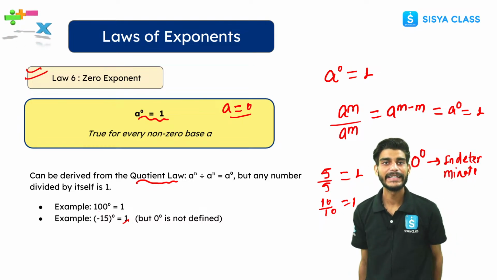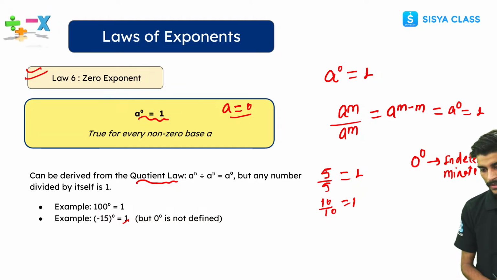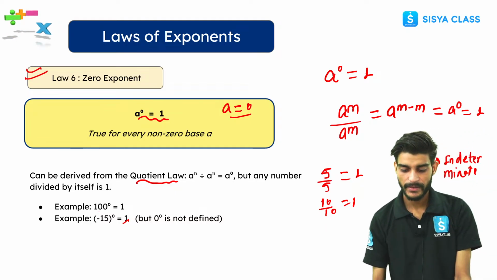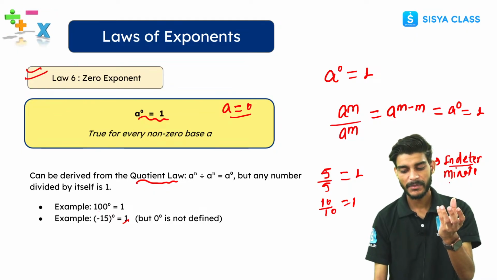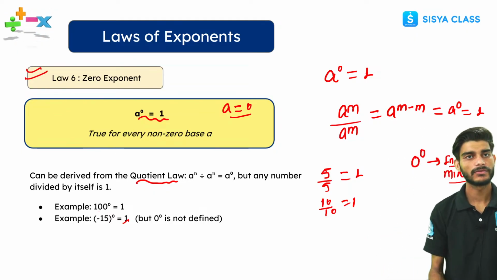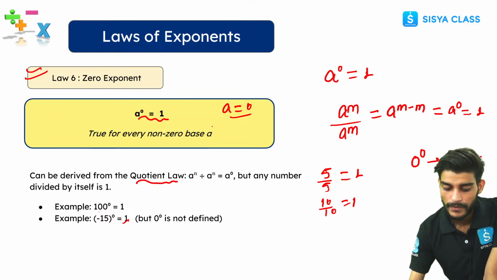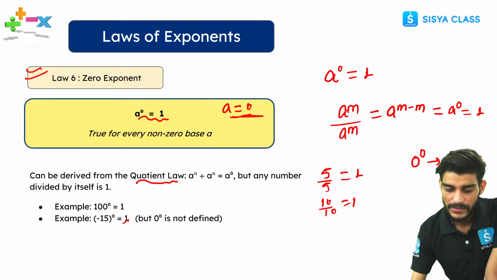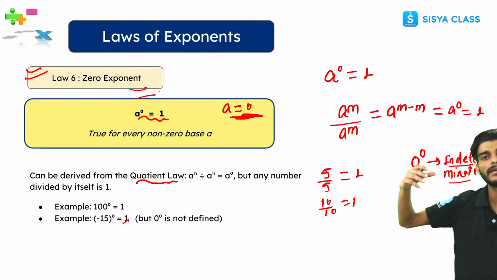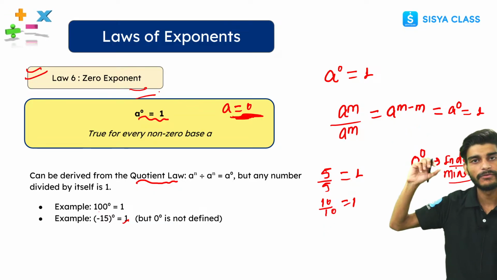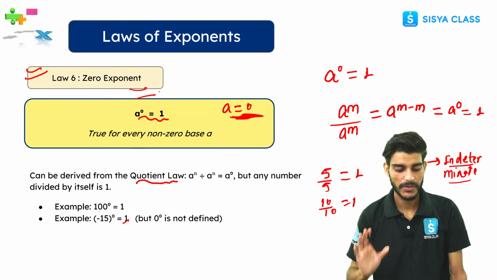This cannot happen, 0 raised to the power 0. This is an indeterminate form that you will study later on. So till now, just understand that a cannot be 0 in this law. Any number with power 0 will be 1 only, but the number should be non-zero. Clear?